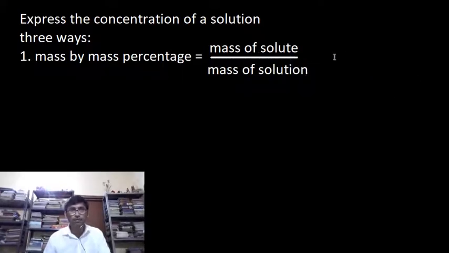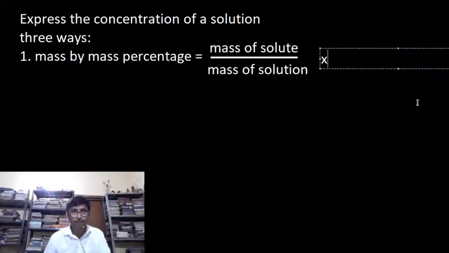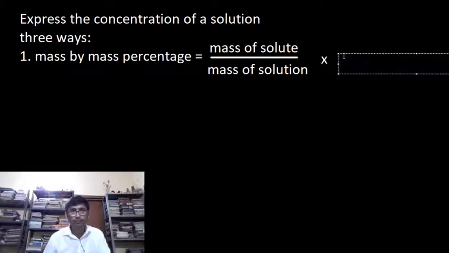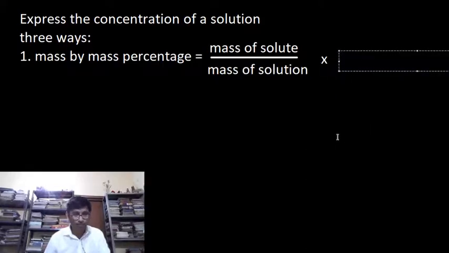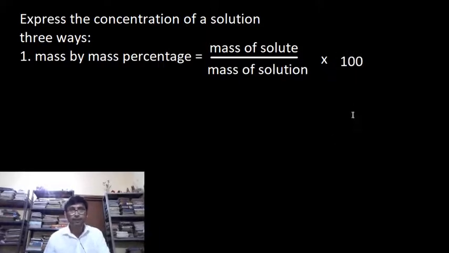Mass of solute divided by the mass of solution into 100. So this is how we calculate the mass by mass percentage.